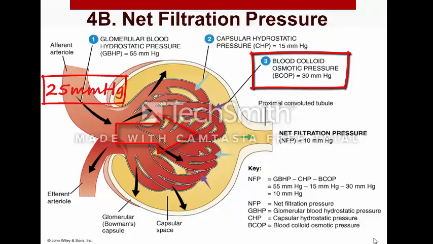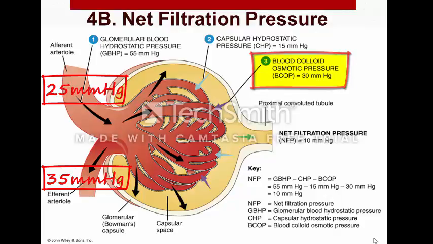The effect of this is to increase that value from 25 to approximately 35. The average blood colloid osmotic pressure within the glomerulus is about 30.